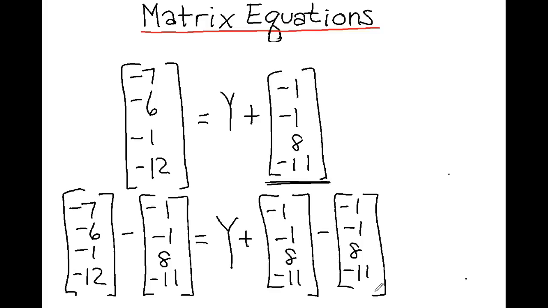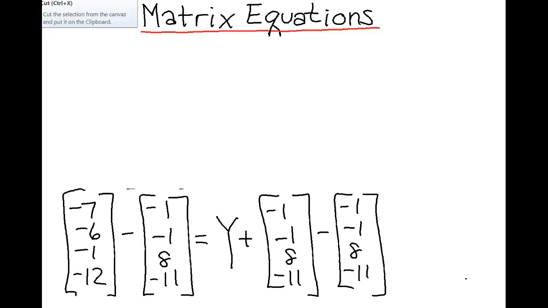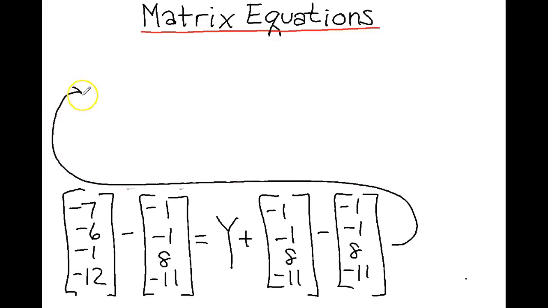I'm going to go ahead and get rid of the original problem so that I have room to work. So when I actually do this subtraction here, let's start back up here.